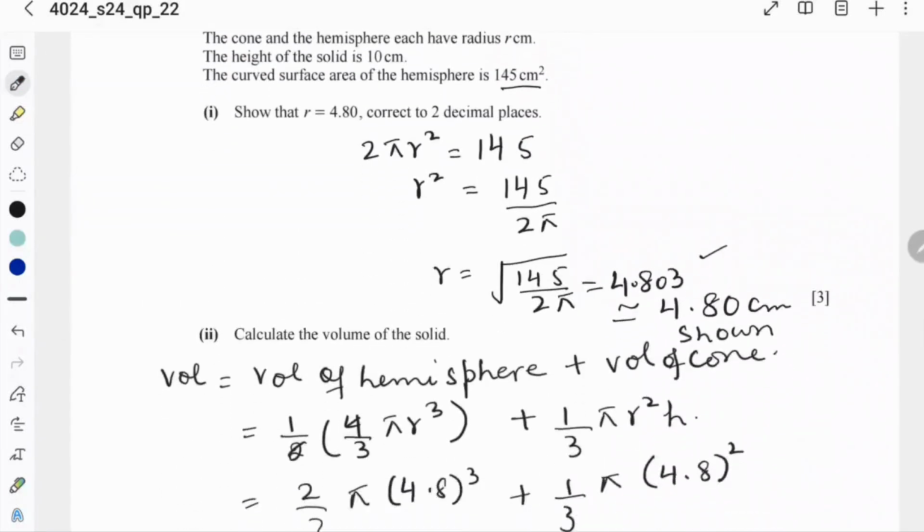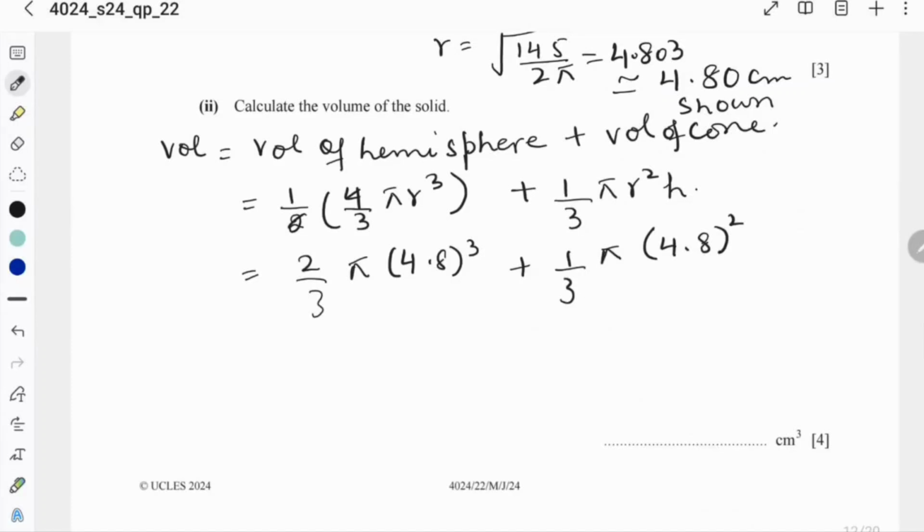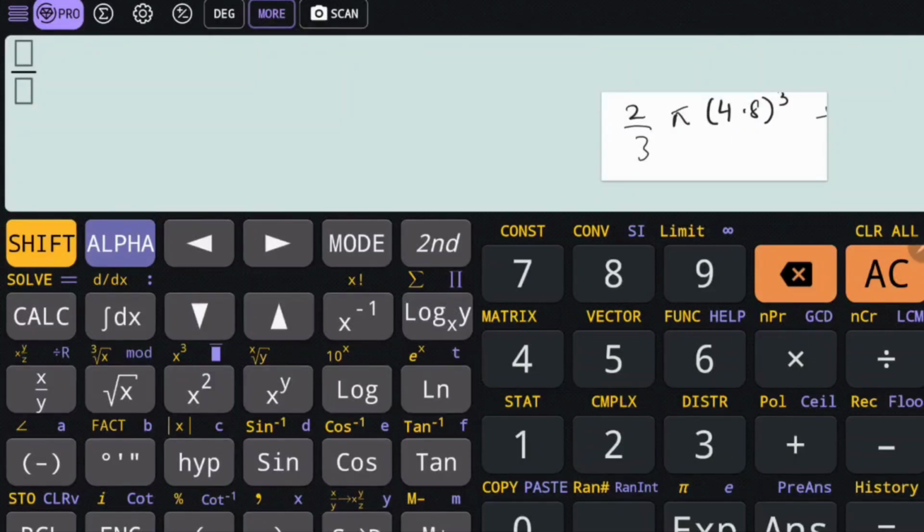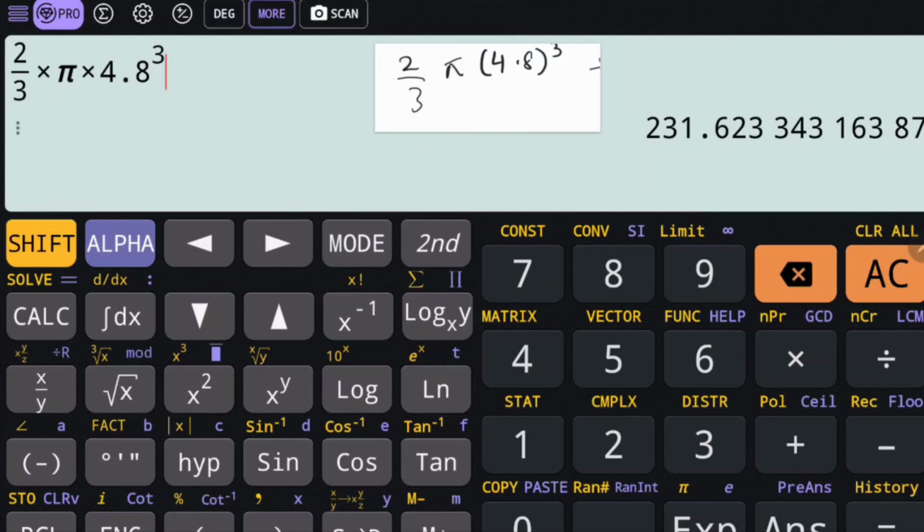So here we keep 5.2 in place of the height, multiplied by 5.2. 2 over 3 pi r cubed: 2 divided by 3, multiplied by pi, multiplied by 4.8 cubed. So it's coming 231.623.